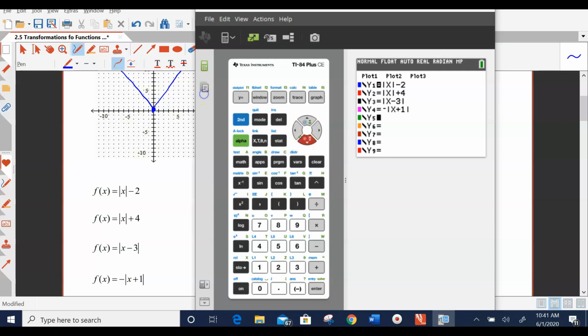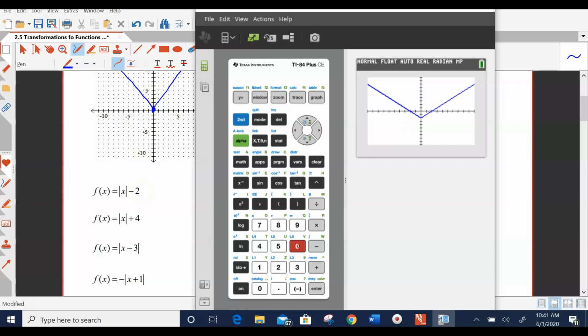Now I'm only going to graph the absolute value of x minus 2, the first one here. And when I graph, I'm always going to go to Zoom 6 to put it in a standard viewing window. What you'll notice is it's the V shape, but it's not starting at 0, 0, it's starting at 0, negative 2.